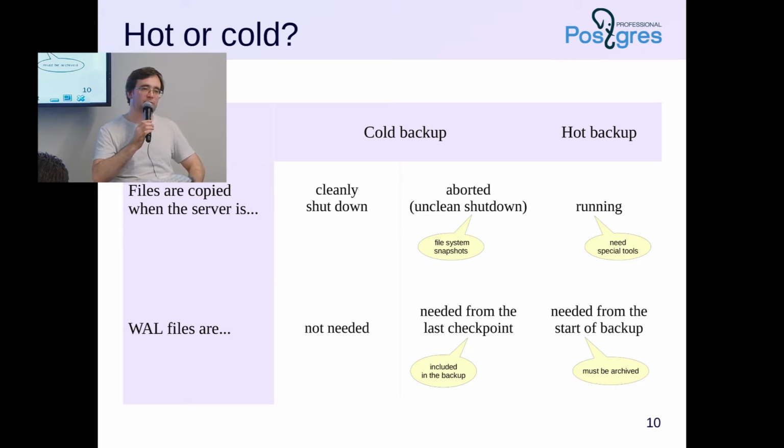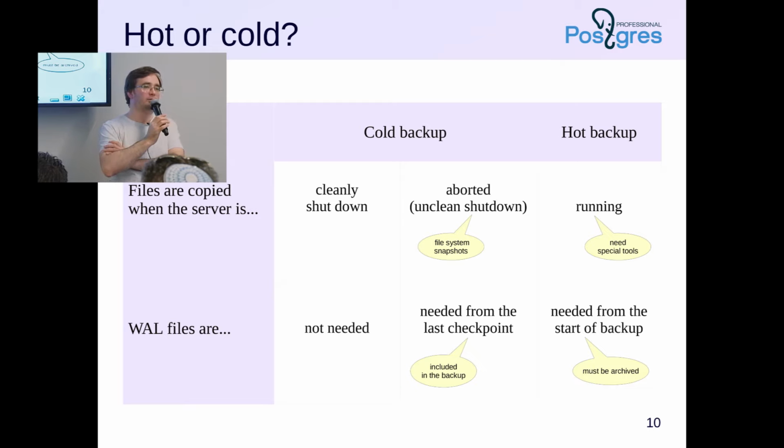If your Postgres wasn't shut down cleanly, then you will need WAL files to restore consistency, just like after any crash. But all these WAL files will be contained in the pg_wal directory, so you will copy them with all other data files anyway.